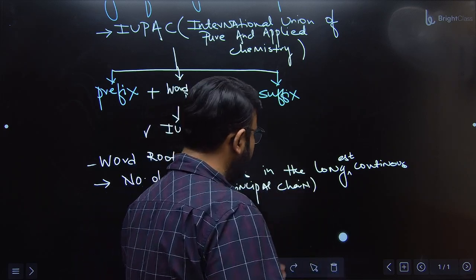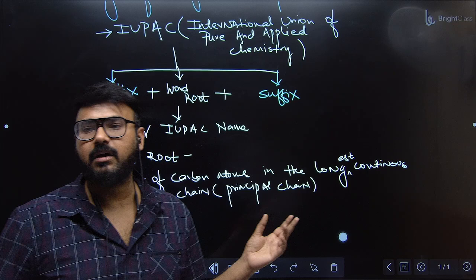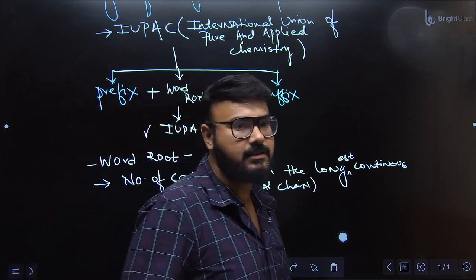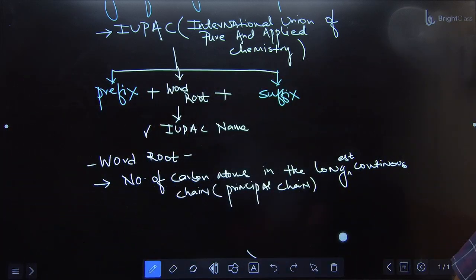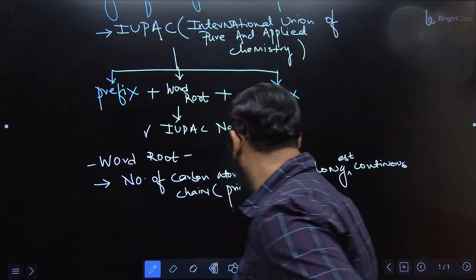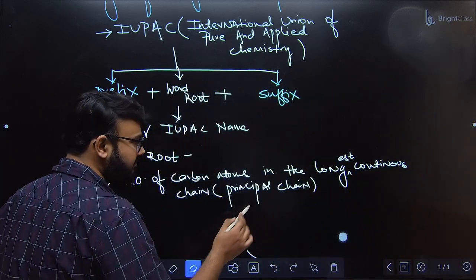Guys, write it down. Longest continuous chain, what do we call it? Principal chain. Okay, I think it's not principal, it's PLE. My bad.